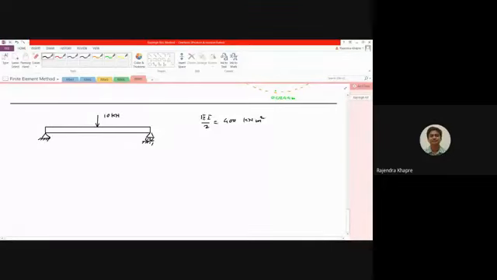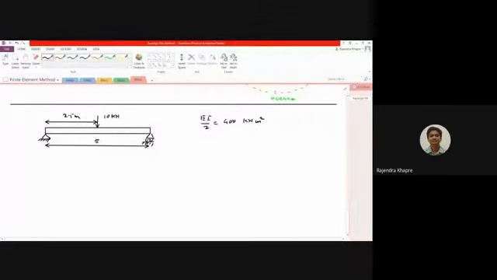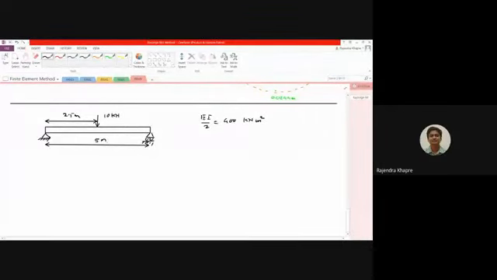So this we have already done, right? The distances are already known to you, but still let me draw. The total distance of the beam is 5 meters and the load is acting at the center, so the distance will be 2.5 meters. Now, just pay attention.